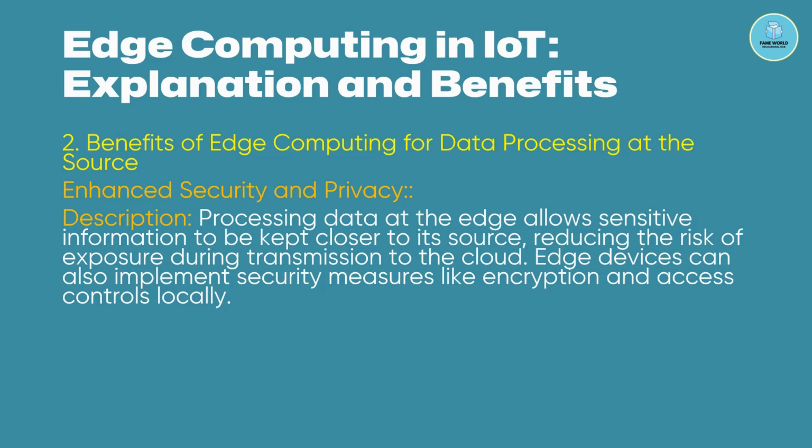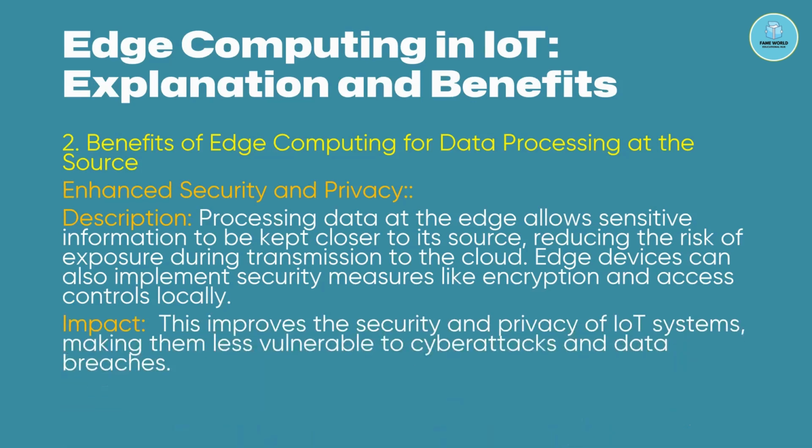Edge devices can also implement security measures like encryption, and encryption and access controls are maintained locally for the privacy and security of the data. The impact is improved security and privacy of IoT systems, making them less vulnerable to cyber attacks and data breaches.